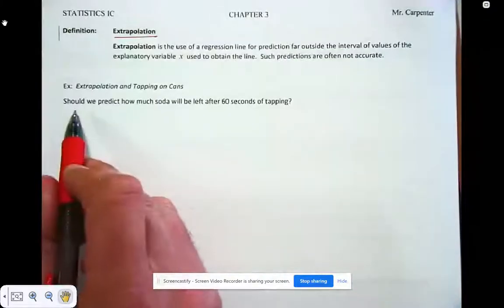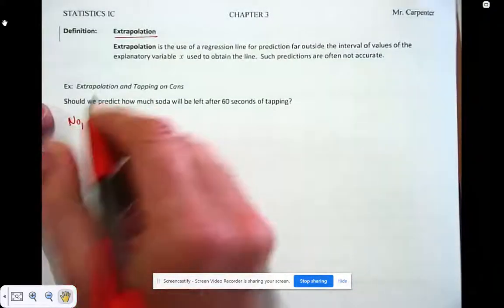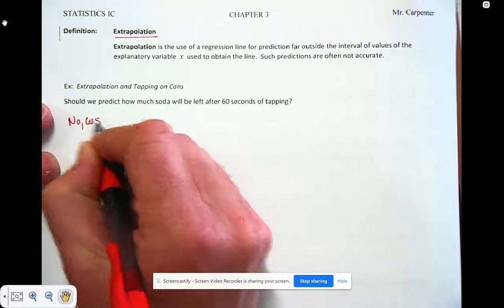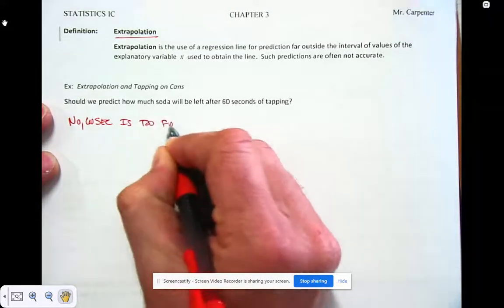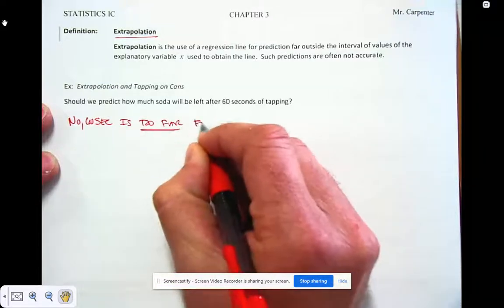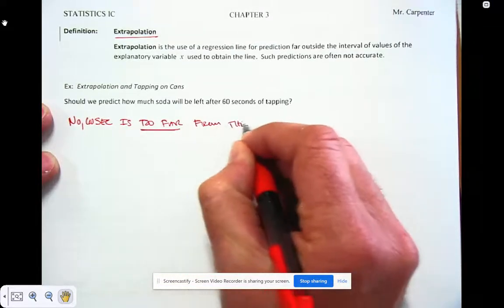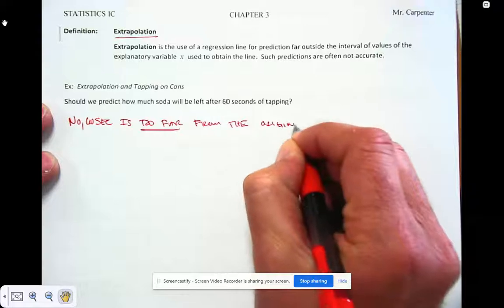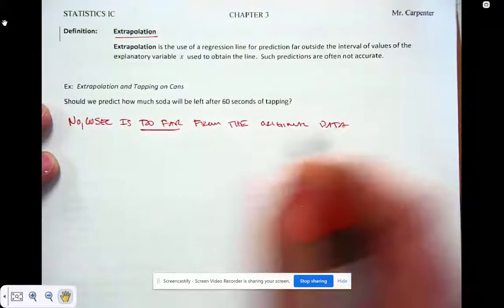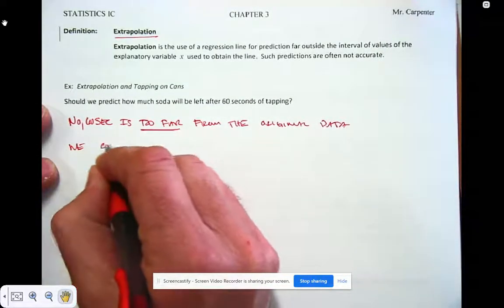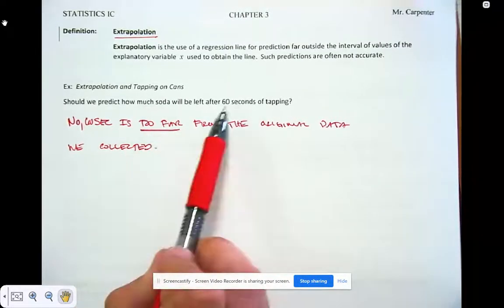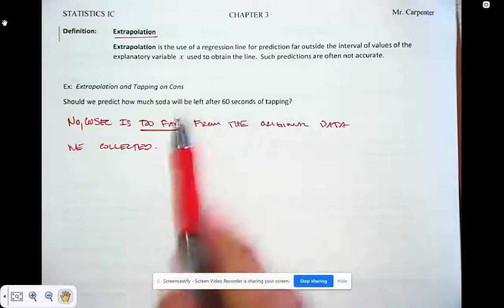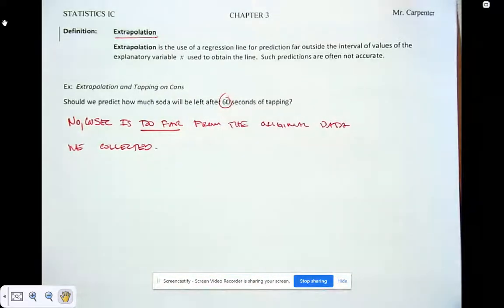So you would say, right, no, 60 seconds is too far from the original data we collected. So it's just a vocab word. You just have to understand that you do not want to predict, right, things that are too far away from the data that's been collected.